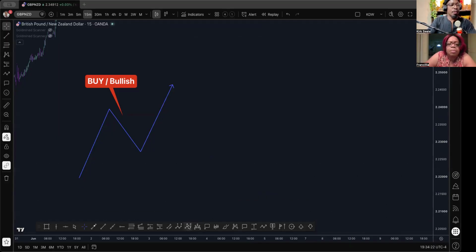Let me tell you the structure of this move itself. So this is called an A, B, C, D pattern.